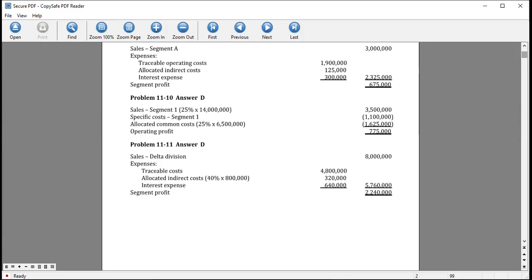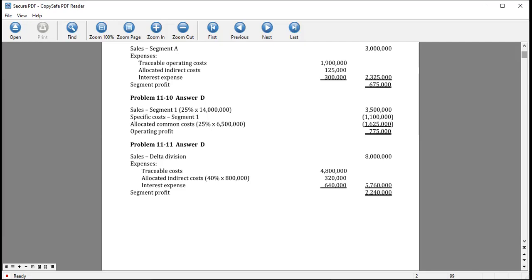Then we have the allocated common cost, 25% of 6.5 million. So the amount of operating profit of segment 1 is 775,000.